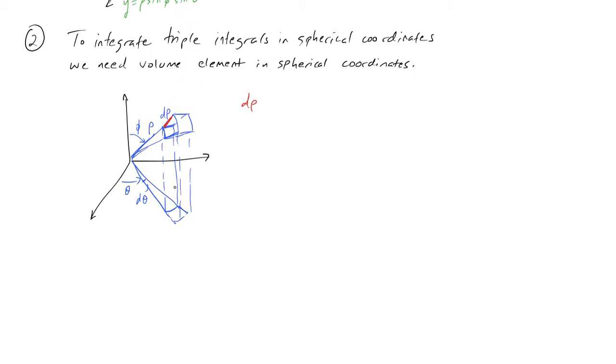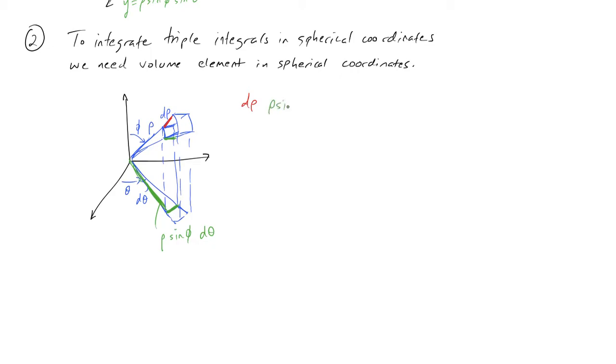And then the other dimension is this green dimension here, which shadows down here. That's going to be rho sine phi times d theta. Rho sine phi is this length here, it's r in cylindrical coordinates, and we multiply by d theta to get this arc length.